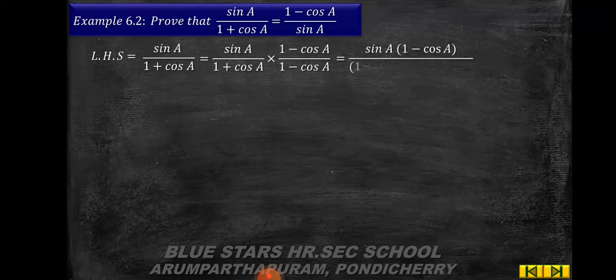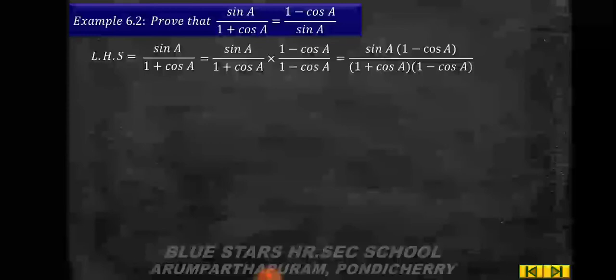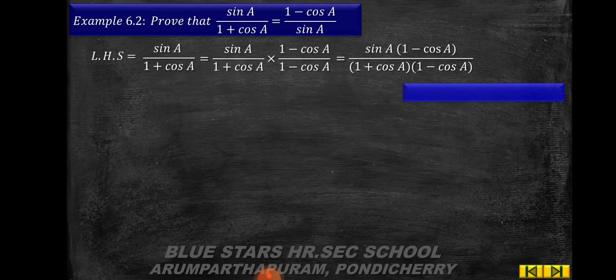So sin A into 1 minus cos A divided by 1 plus cos A into 1 minus cos A.